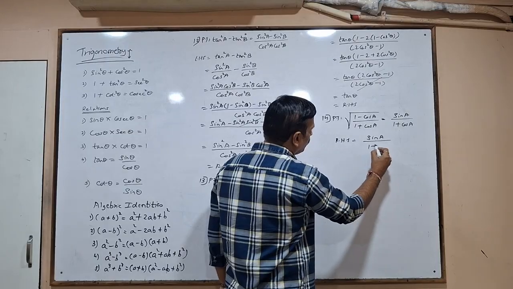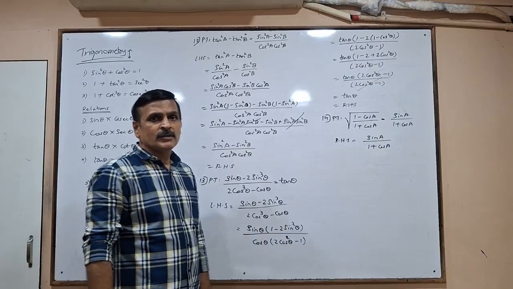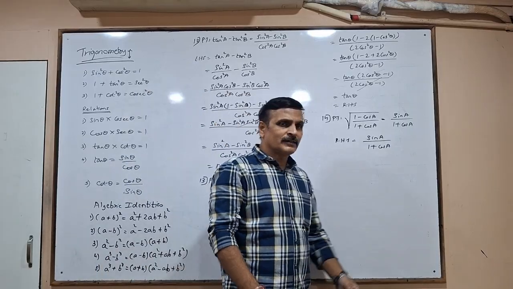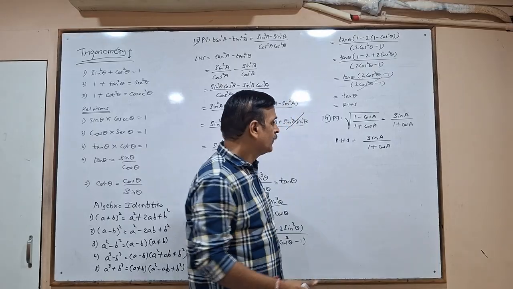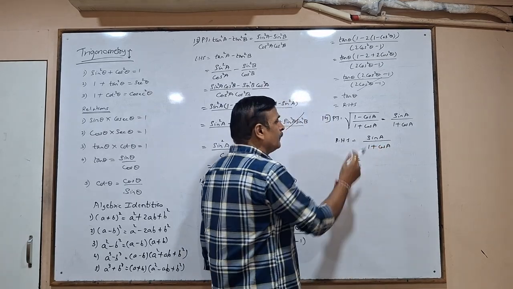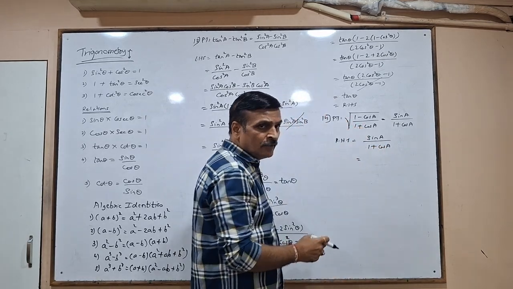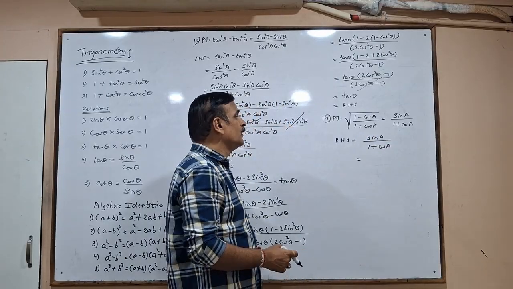This method also can be applied. There is no problem in applying this, but sometimes students may get confused how to get a root with a square. So, I want 1 plus cos A. Here also 1 plus cos only is there, but I want the root sign, right?